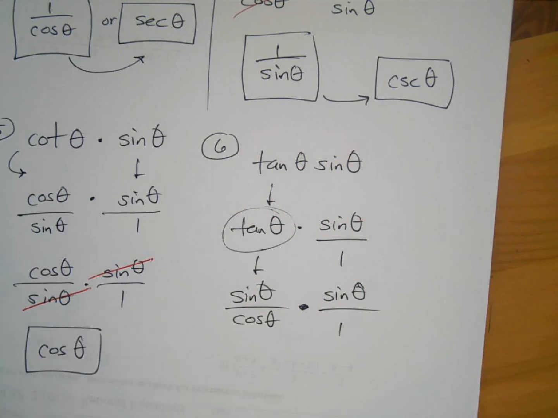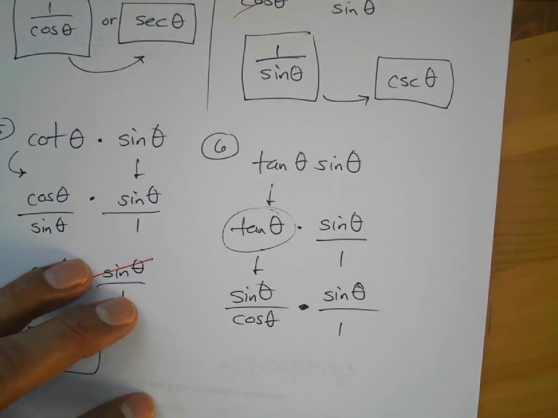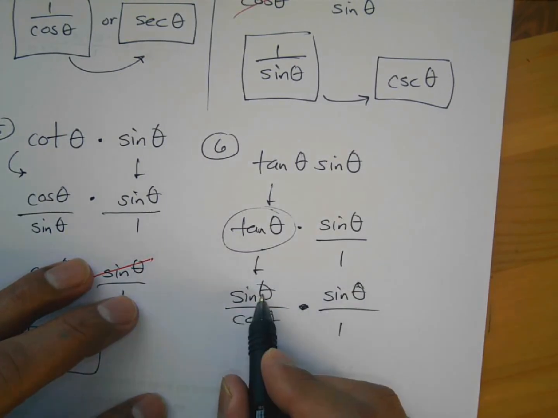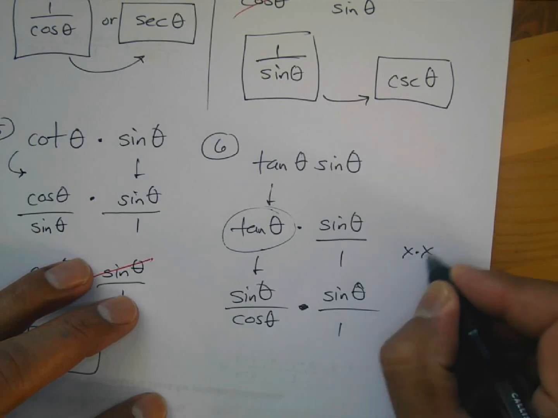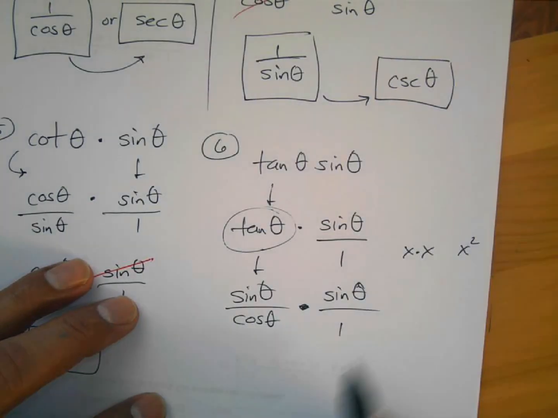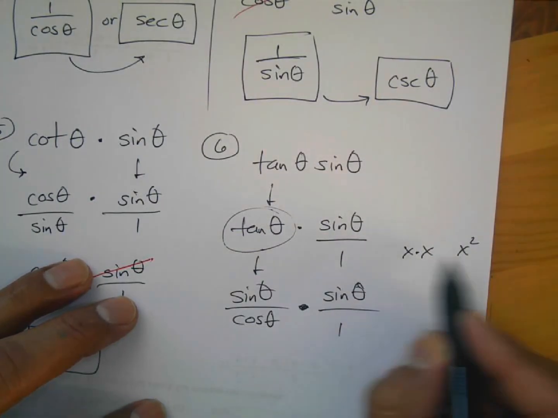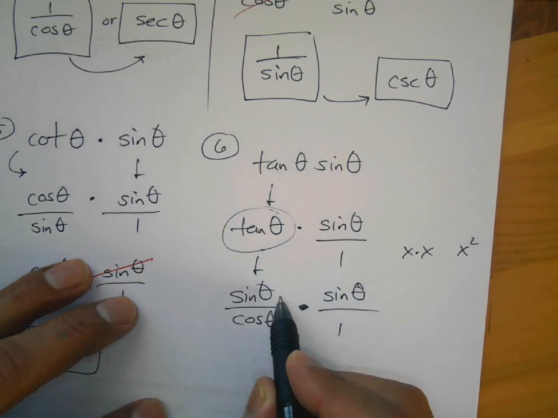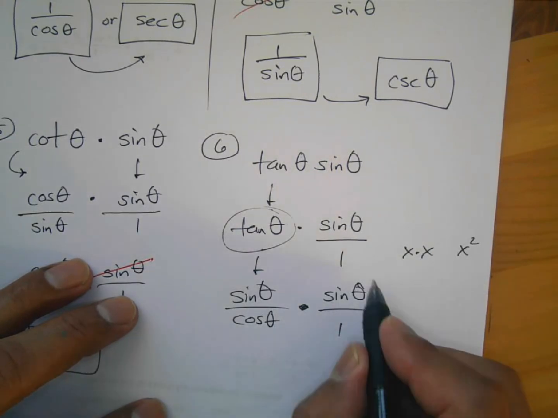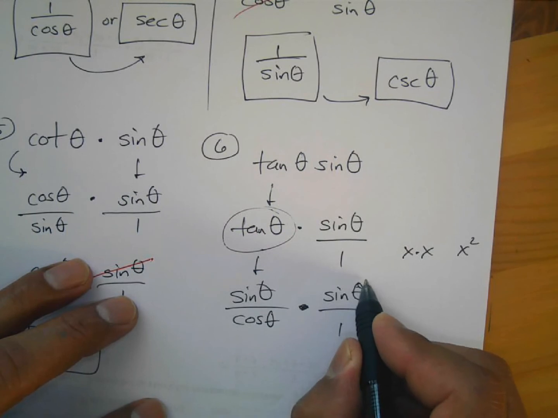Sine over 1. Here, nothing's going to cancel. A cosine doesn't cancel with anything. So when you get sine times sine, just like if you get x times x, it's x squared. You put the square not on the angle, because that would mean you're squaring the angle measure.